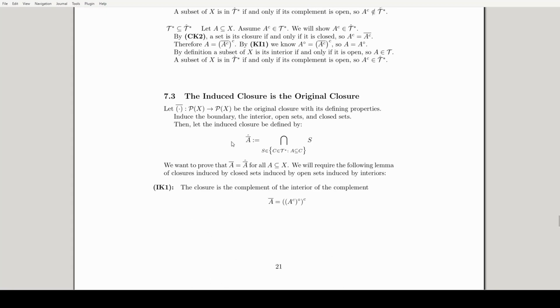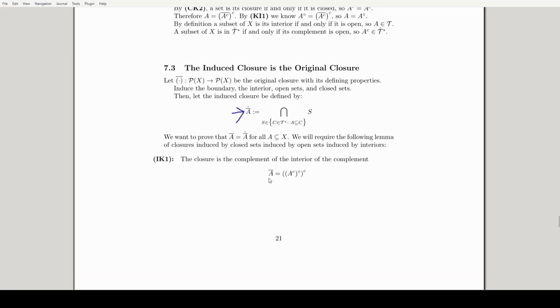And then the induced closure, again, we just put a hat over it. I'm liking hats. And we showed that, sort of how the interior is the complement of the closure of the complement, the closure is the complement of the interior of the complement.